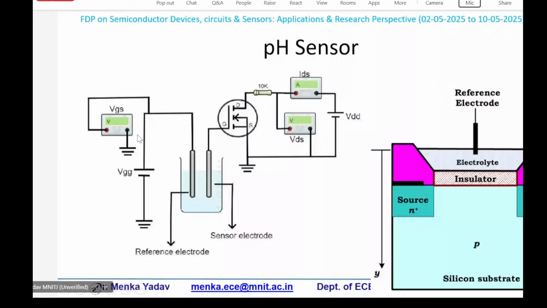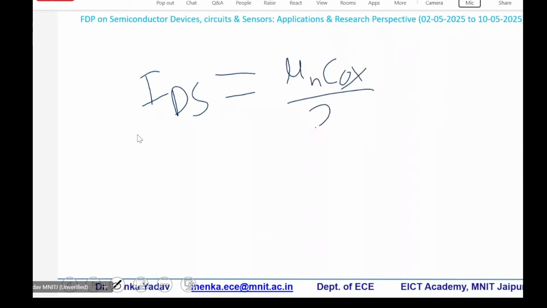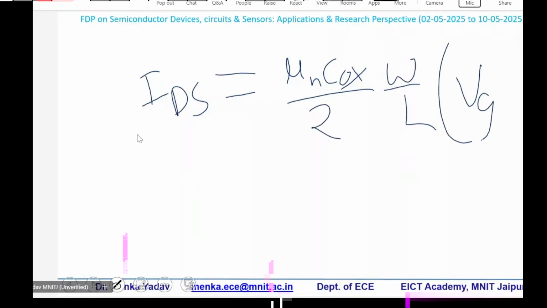So what is going to happen? This change in the voltage, let's say some of the voltage is dropped, and here you are going to look into VGS dash instead of VGG. What we know about the equation for the MOSFET is that IDS can be taken as mu N C x W by L into VGS minus VT.